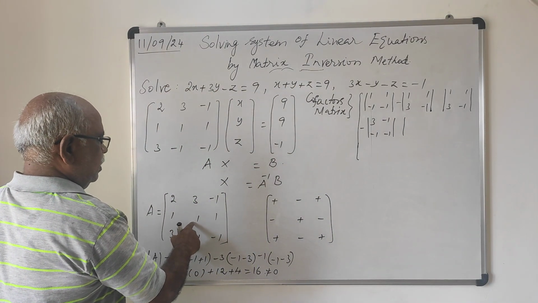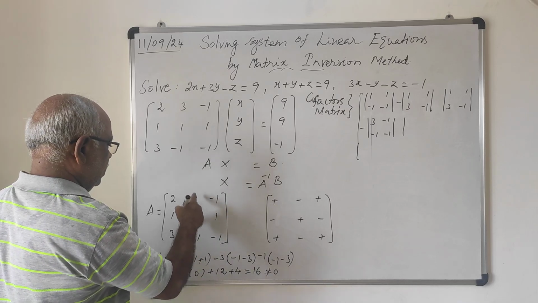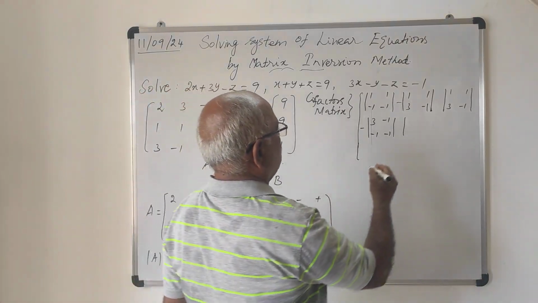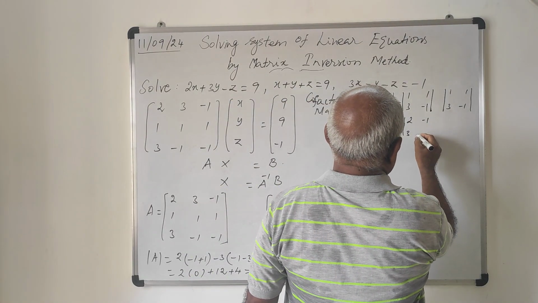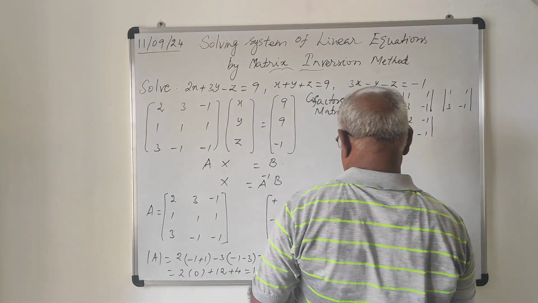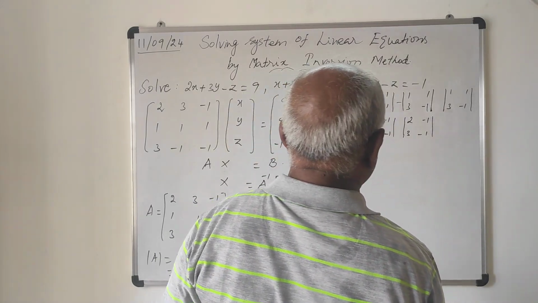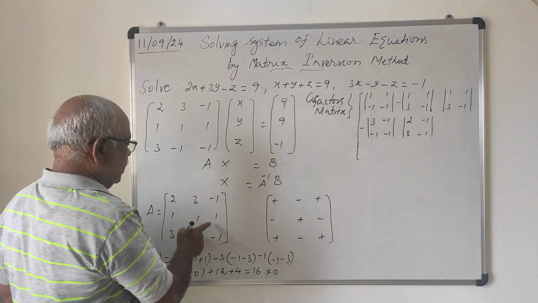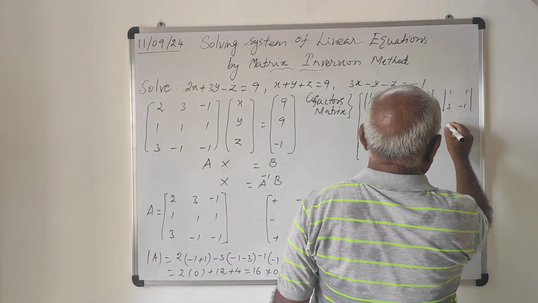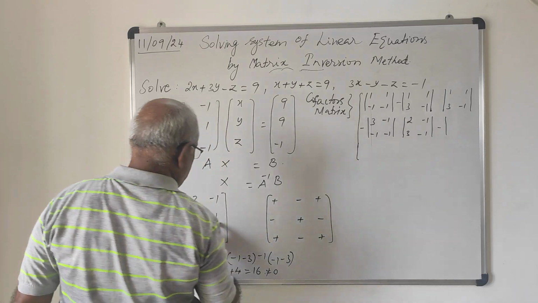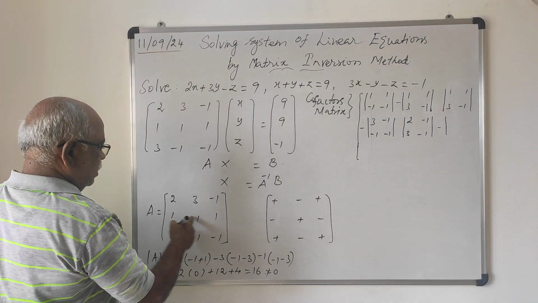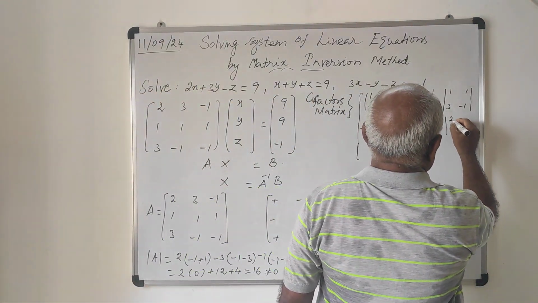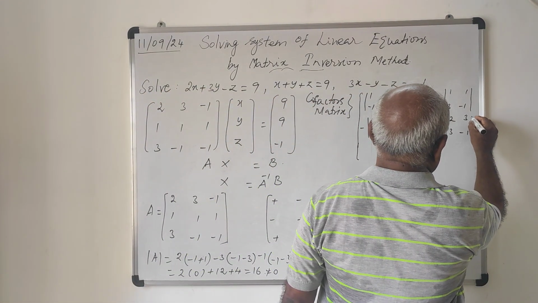Eliminating the second row and second column, you get 2, -1, 3, -1. Good. Next, the A23 cofactor is minus. Eliminating the second row and third column, the minor is 2, 3, 3, -1.